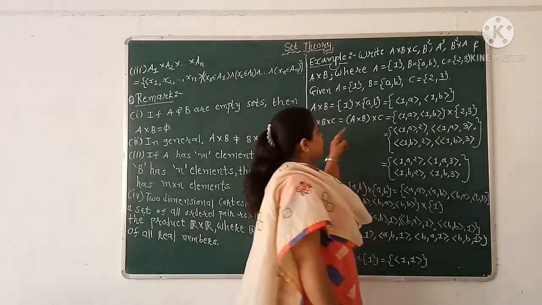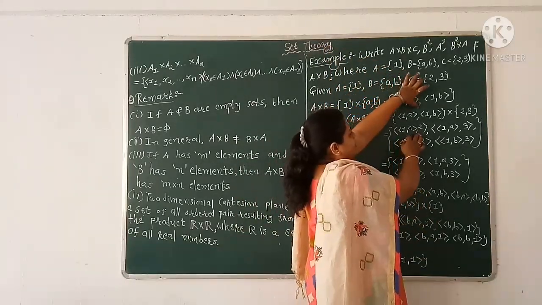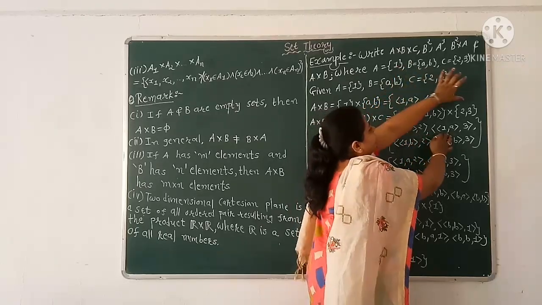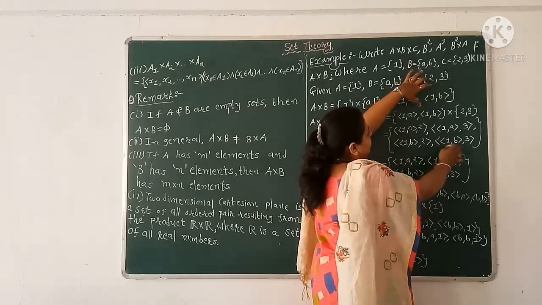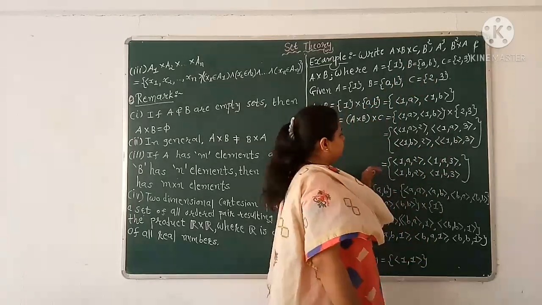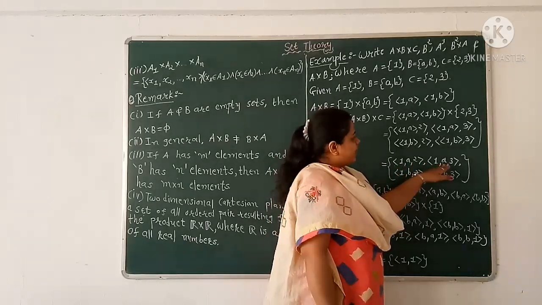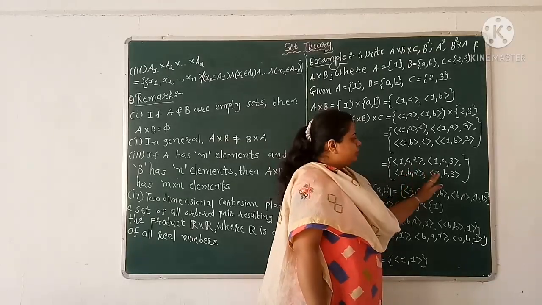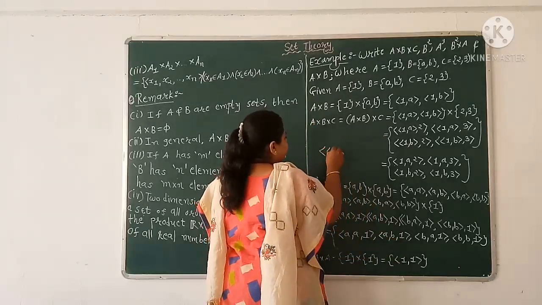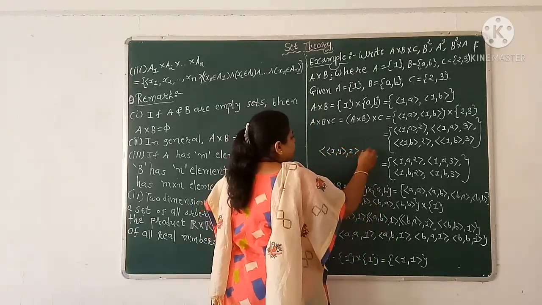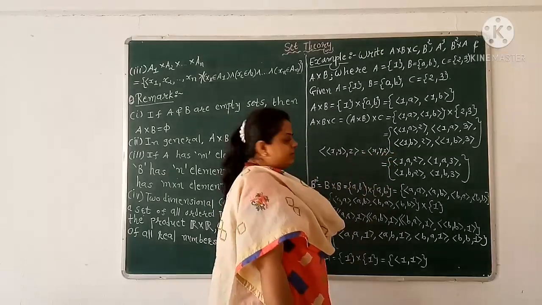Now A cross B cross C is equal to the set of ordered triples (1, a, 2), (1, a, 3), (1, b, 2) and (1, b, 3), because we know that the ordered triple ((x, y), z) can be written as the ordered triple (x, y, z).